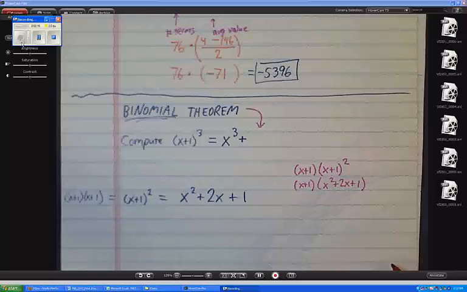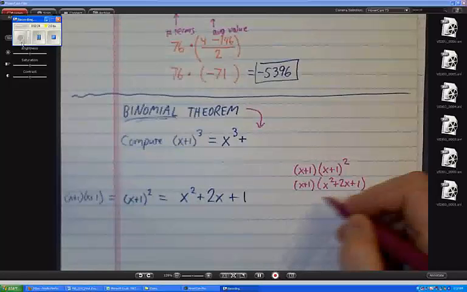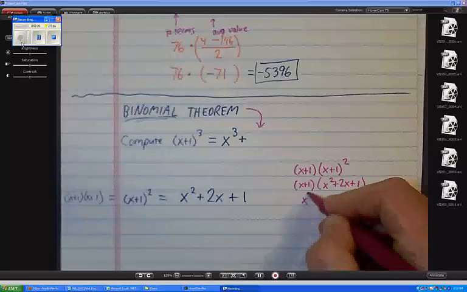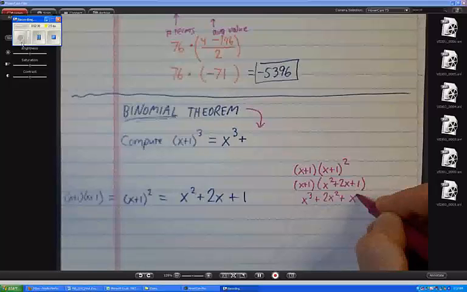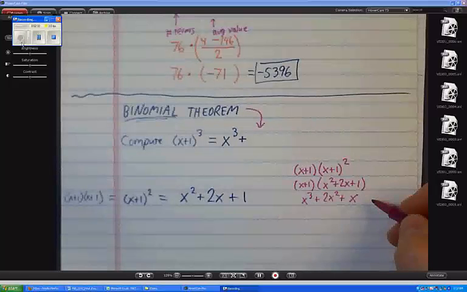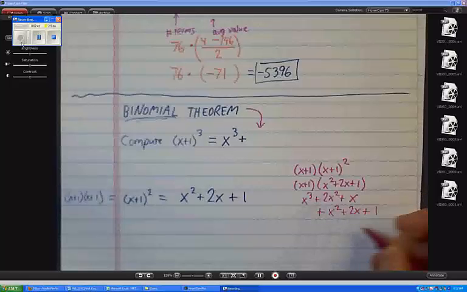With me so far? Now what do I do? Distribute the x. So this equals x cubed plus 2x squared plus x. But then I also have to distribute the 1. So plus x squared plus 2x plus 1.